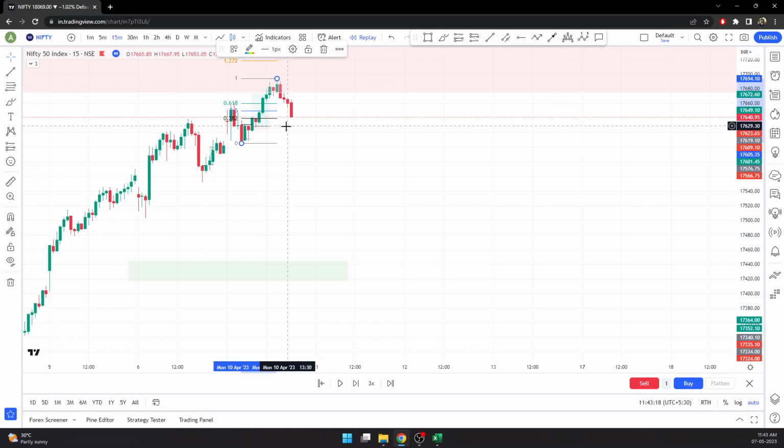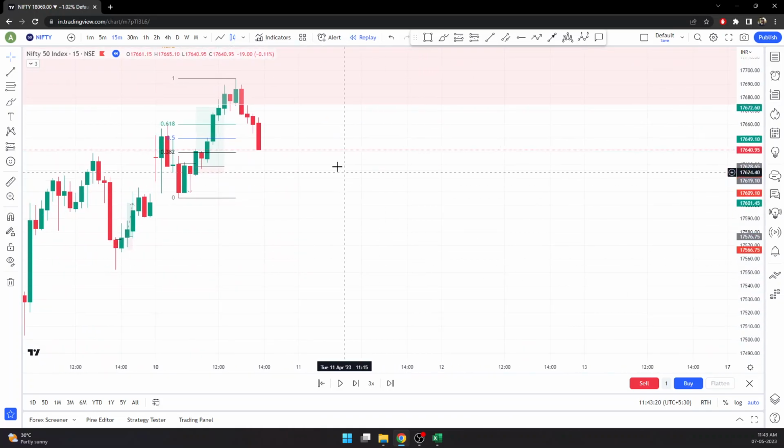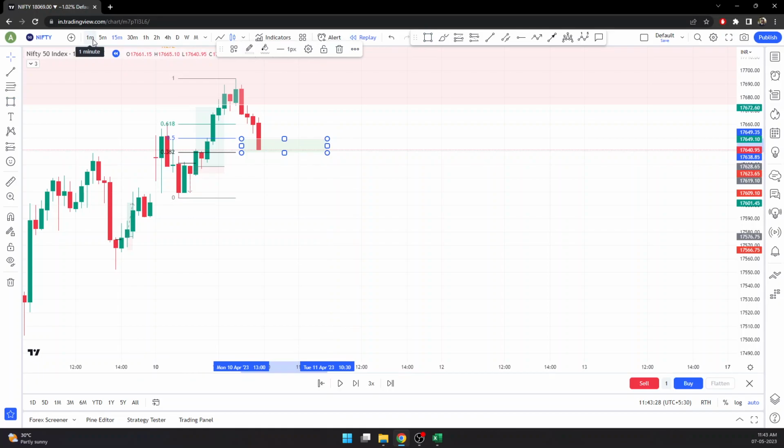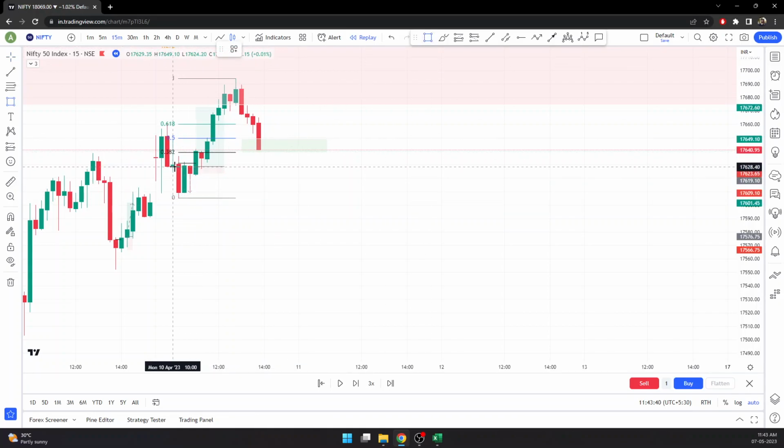So this is the new level. So we'll be looking for the buy opportunity somewhere in the discount zone. If we do not get any buy entry, then we'll not take any new entry as such. So this is the main demand zone, this is the main demand level for us, or the make or break level.